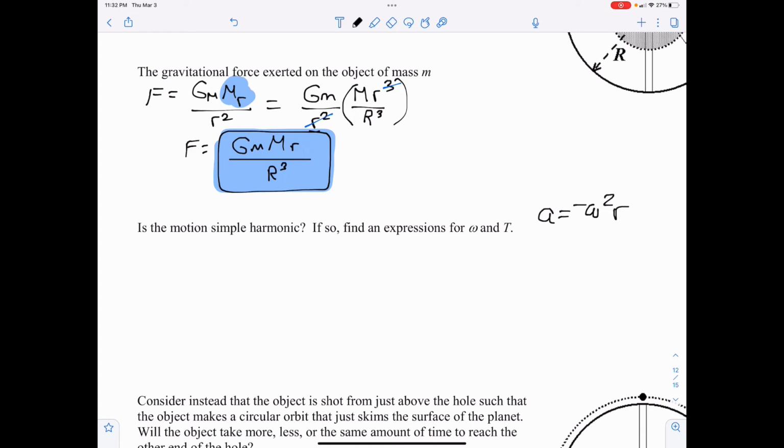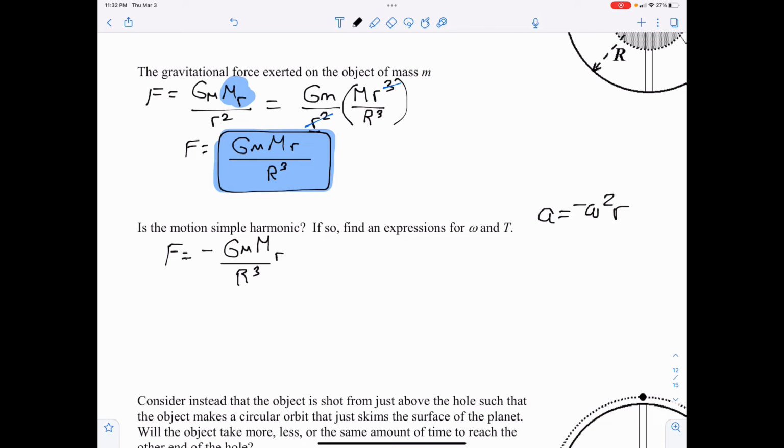Technically, the force is a negative force because the expression is F equals negative big G M. This is just the magnitude of it. If we include the direction of the force vector itself, it's pulling back towards the center of the planet, in the negative direction. So big G, little m, big M times r over big R cubed. And we are trying to make it fit this description if it's truly simple harmonic motion.